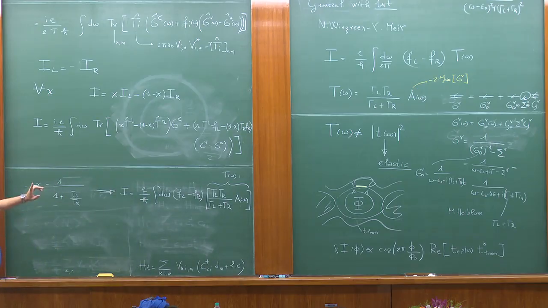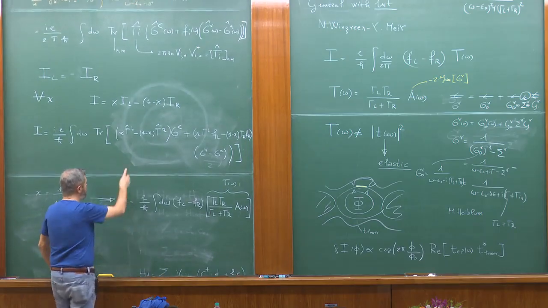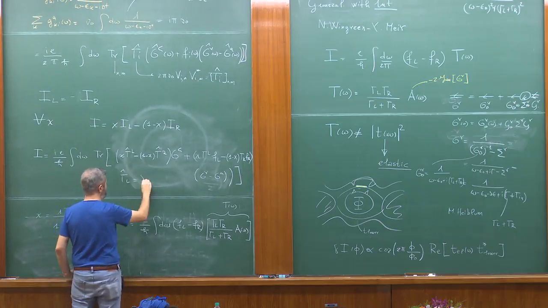Now, this is true if I just have one level. What about if I have more than one level? Well, you can still eliminate this term if it turns out that gamma left is equal to lambda gamma right.